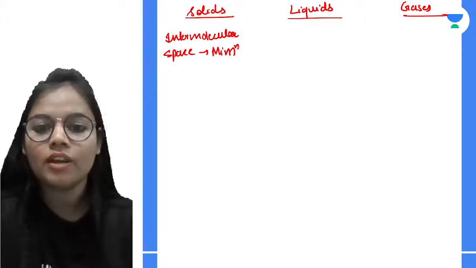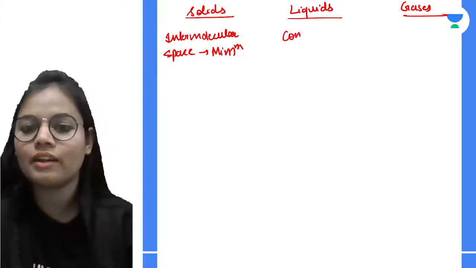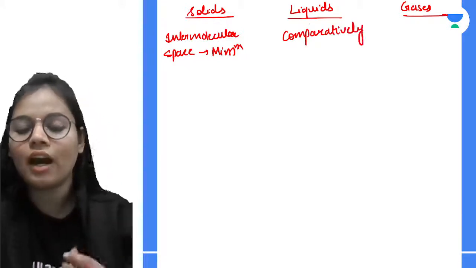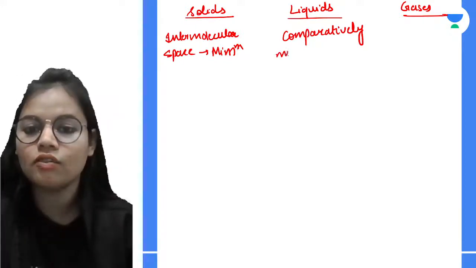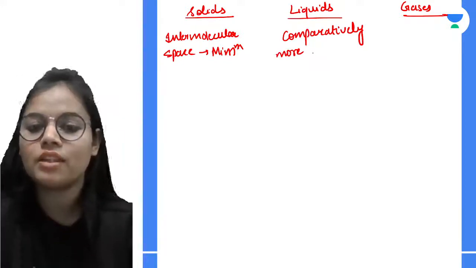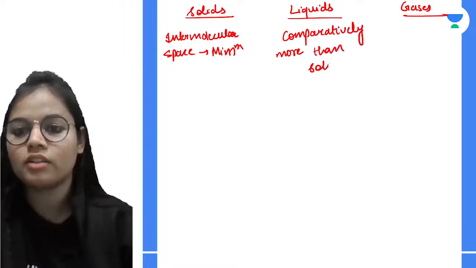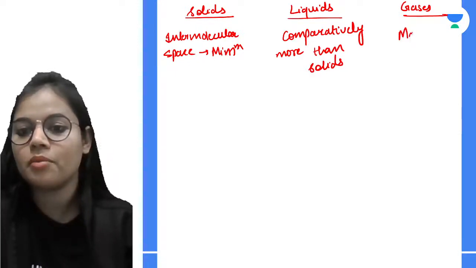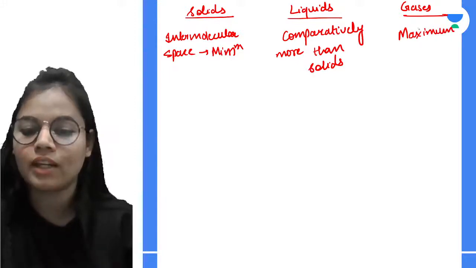If I talk about liquids, they have a bit more, comparatively more than solids, so they have some space between their particles. And if I talk about gases, they have maximum interparticle or intermolecular space between the particles.